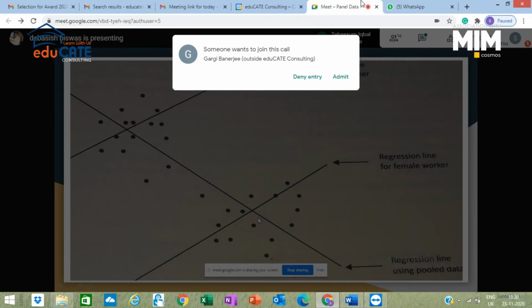That means you are violating the assumptions of panel data. You are just trying to establish one regression equation, and on that particular regression equation, you are trying to predict the unknown parameter. But what type of mistake are you making? Suppose your regression line is this, because you are trying to cover all these coordinates.